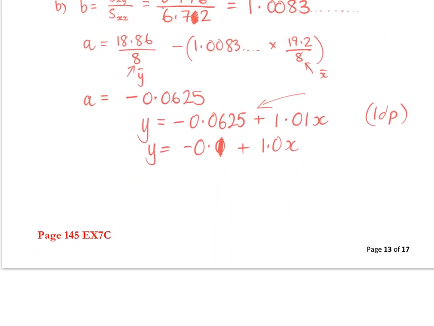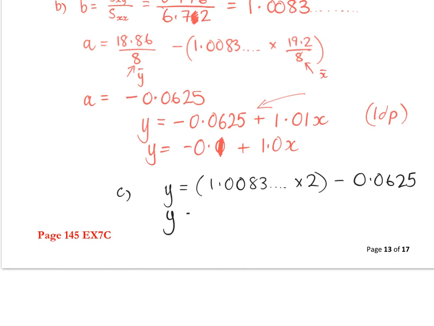So we'll use this equation for part D. And we get, I'm going to use the full, not the 1 decimal place, 1.0083 and the rest times 2 minus 0.0625, and that's equal to 1.95 bar.